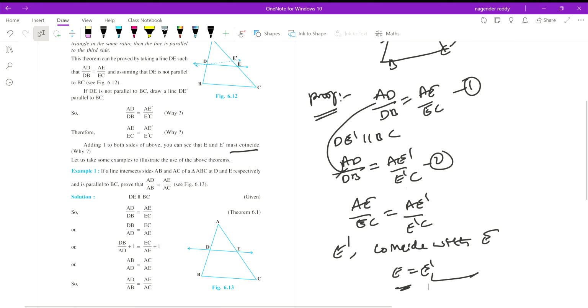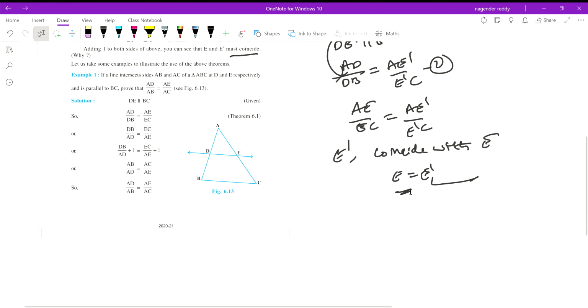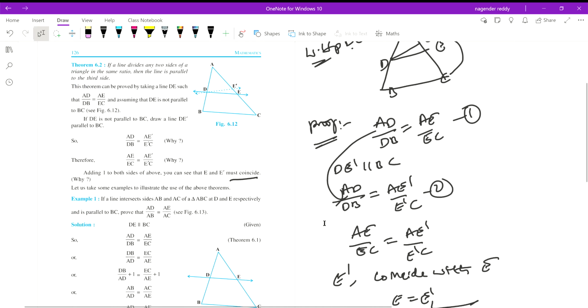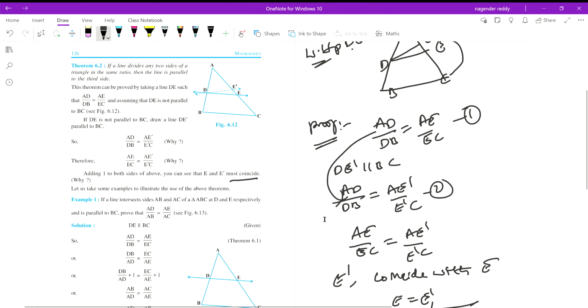So therefore, we can say that if you take any line, it is compulsorily parallel, sorry, DE is parallel to BC. Right. So this is the way we can prove it.